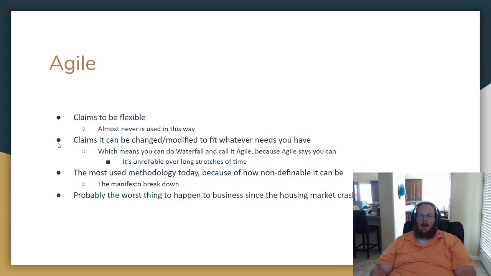Agile claims to be very flexible, and it's almost never used in that way. The thing is that Agile basically says you can do anything you want and call it Agile. So you can actually do Waterfall and call it Agile because Agile says you can. And so when people say, yeah, we're doing Agile, it doesn't mean anything.